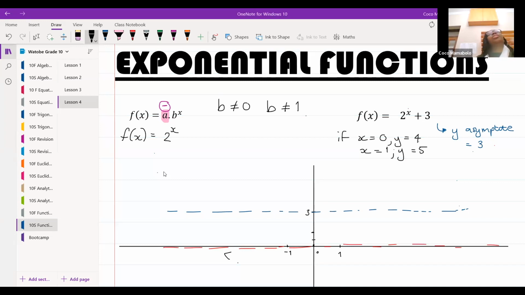Then I'm just going to go and plot these 2 points. At x is equal to 0, y is equal to 4. There's my first point. And at x is equal to 1, y is equal to 5. There's my next point there. And then I'm just going to curve my graph. Ta-da! Finished.